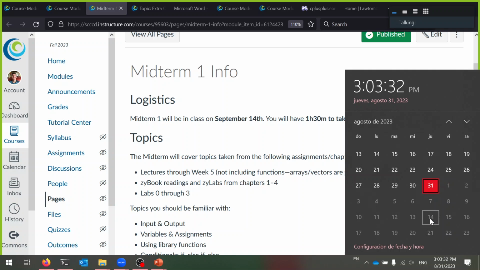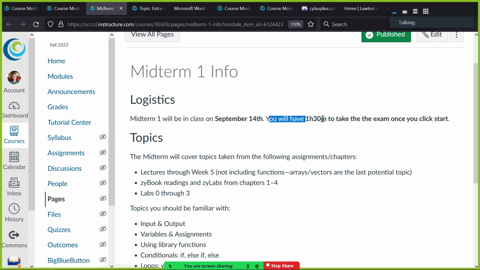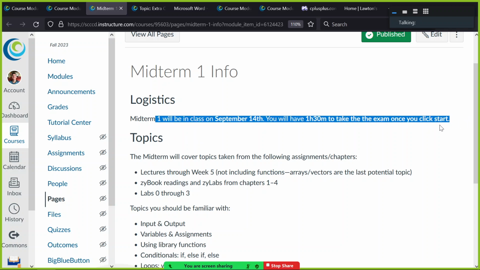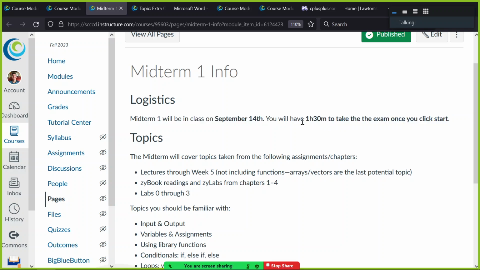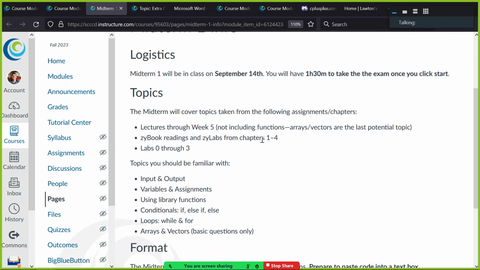You're going to have an hour and a half to take it once you click start. It's going to be timed on Canvas. That's how it will work. So that's the logistical information. In class, the 14th, you come here, you click start, it'll be available.